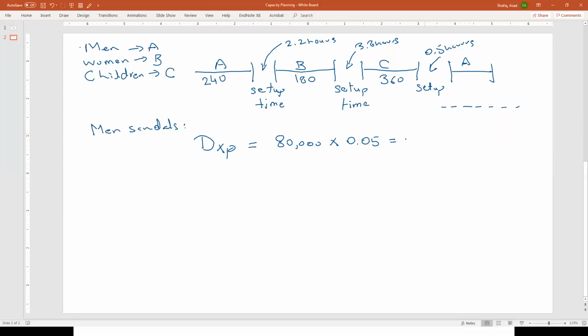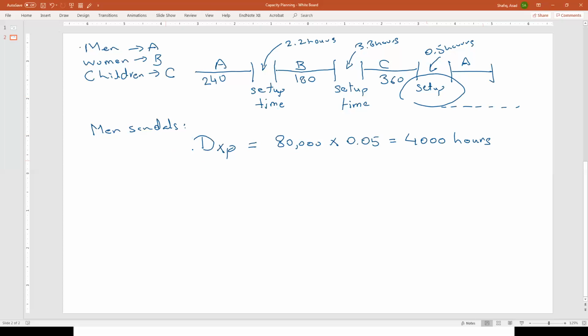So 4,000 hours. Now, in essence, what we are saying is that in order to fulfill the demand of 80,000 pairs of men's sandals, we need 4,000 machine hours, right? However, this is not the only time that is needed for men's sandals. The other time that we need is the amount of time we spend setting up the machine for product A, right?